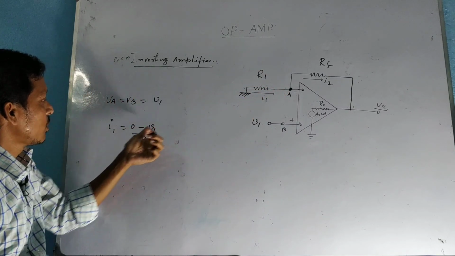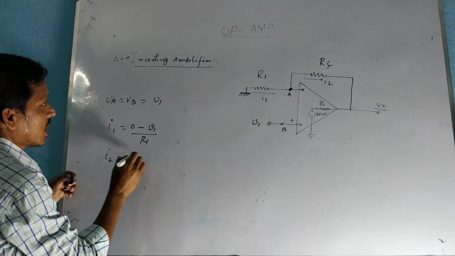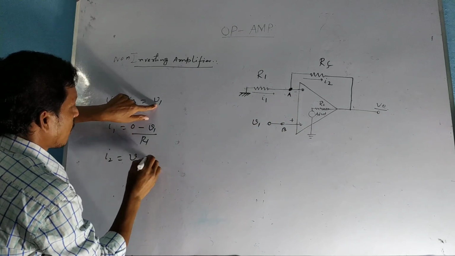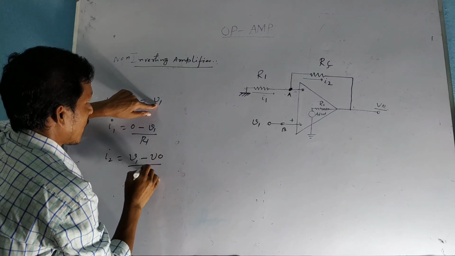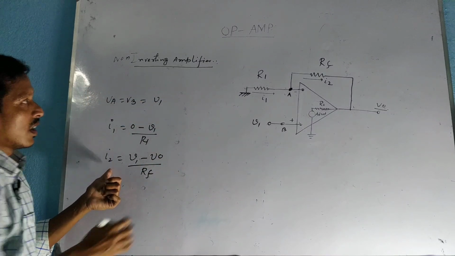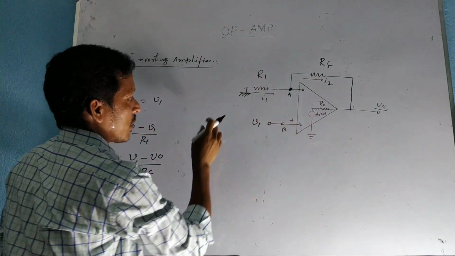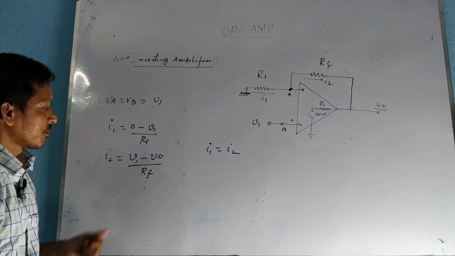So 0 minus V1 by R1 is I1, and I2 is equal to the potential at A, which is V1, minus the potential at this point, V0, by RF. So this is I2, and if we apply Kirchhoff's law at that point, because no current flows through the input terminal, I1 equals I2.